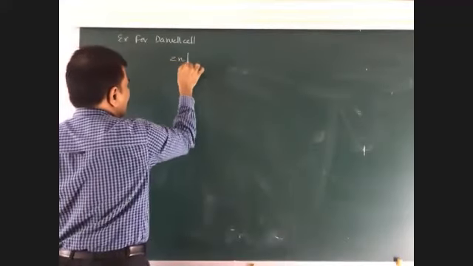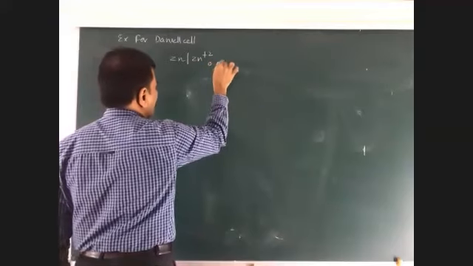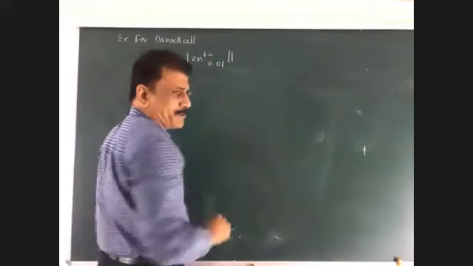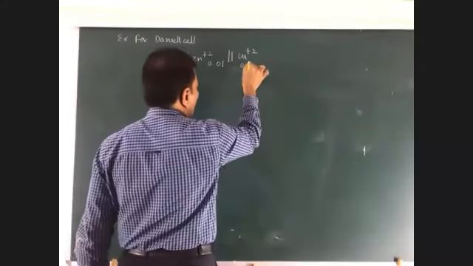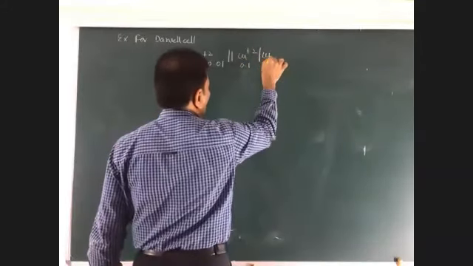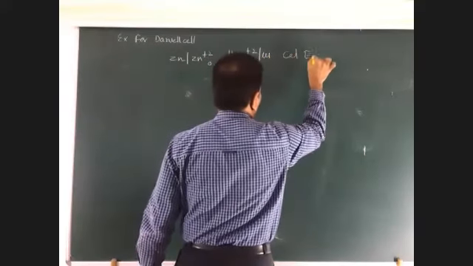Example for Daniell cell: Zn bar, Zn plus 2 at 0.01, salt bridge, Cu plus 2 at 0.1, Cu. Calculate EMF.